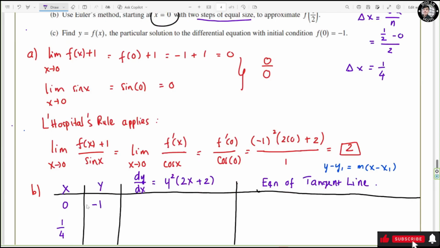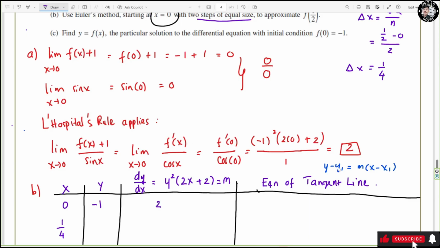So substitute 0 for x and negative 1 for y into this equation to solve for the slope. The slope is negative 1 squared, which is 1, times 2 times 0 plus 2, so the answer should be 2.